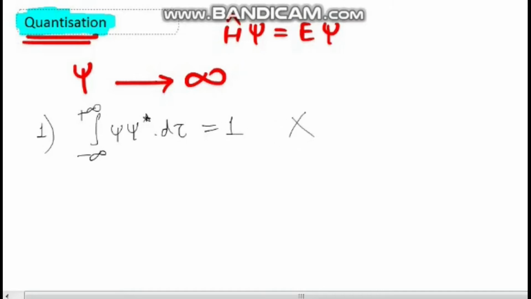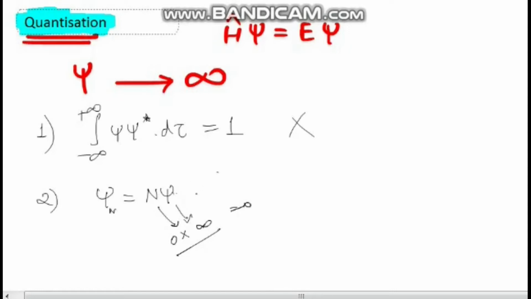Also, even if we say that psi is defined as a normalized function, N psi, and psi approaches infinity, but when psi is at infinity N is 0, then 0 multiplied by infinity, well, that will be 0 again, and hence we are saved.